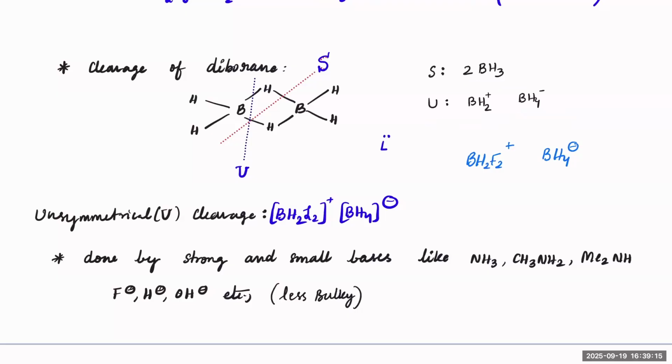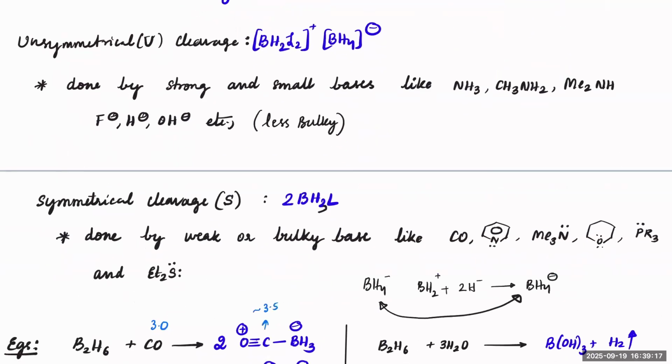Now if we are reacting with a small size base or at least a strong base, where the element from which it is connecting, which is having a lone pair, is smaller in size, then usually it will always go for unsymmetrical cleavage.